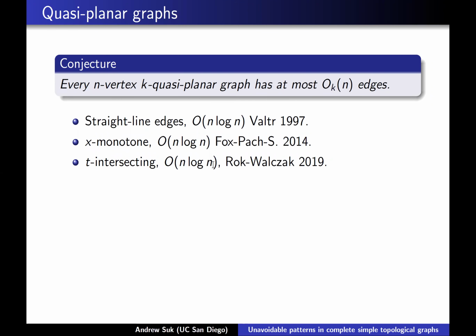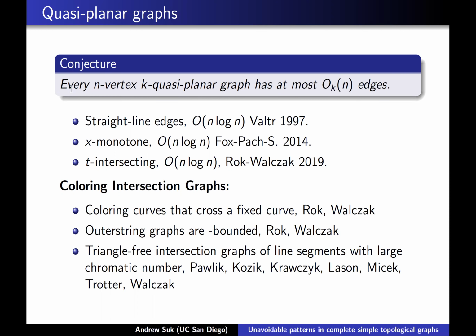And this result, so it's not so hard to see in general that this conjecture here is closely related to understanding intersection graphs of curves in the plane. And in particular, coloring intersection graphs of curves in the plane with bounded chromatic number.